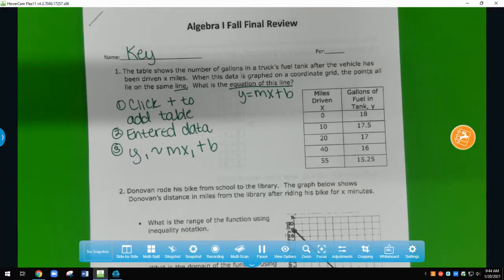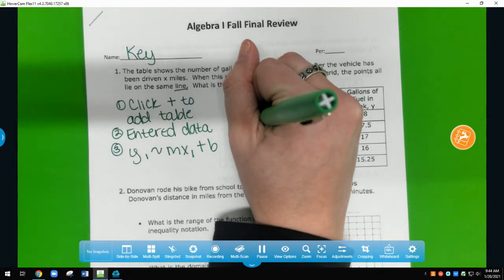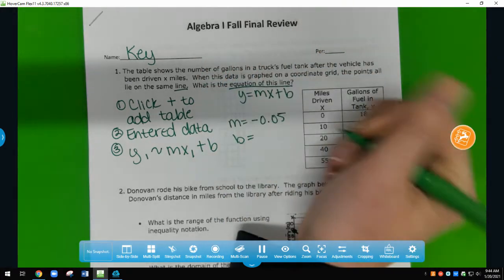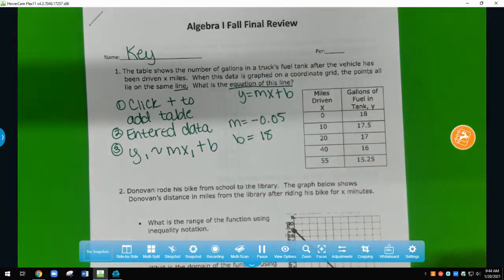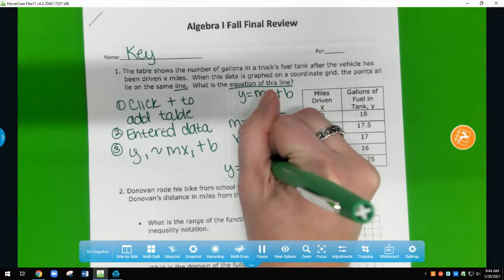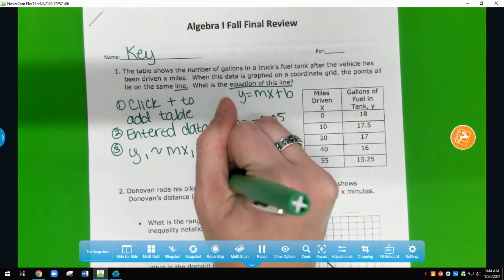So the m is negative 0.05. The b was 18. So for my equation, it's going to be y equals negative 0.05x plus 18.